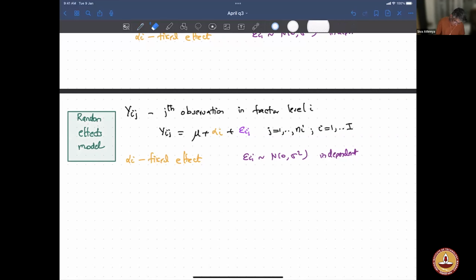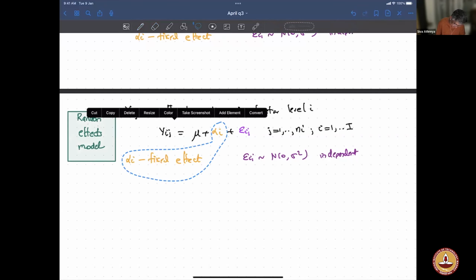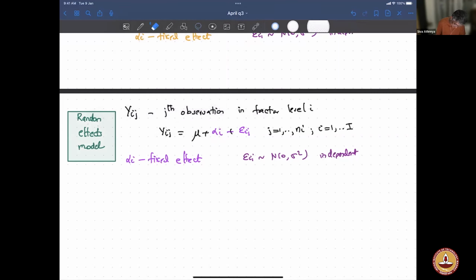we'll not only keep epsilon ij random, we'll also change the alpha i to be random. So we'll say alpha i also follows another distribution, normal with mean 0 and variance sigma squared alpha.